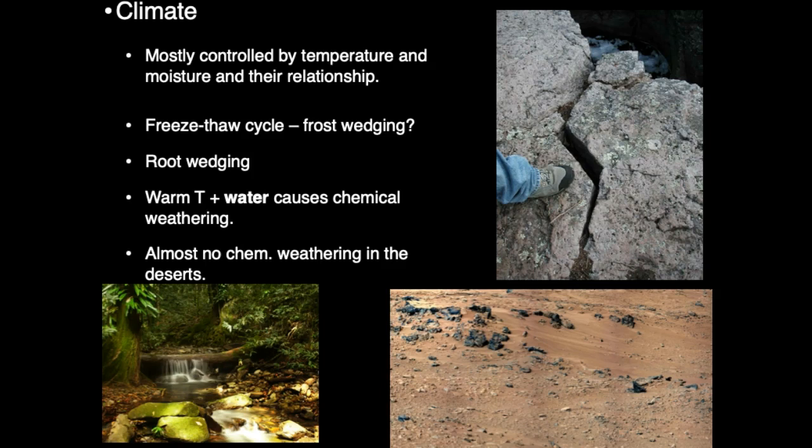So areas that are both moist and warm tend to be where most chemical weathering occurs. So something like the rainforests in the tropical regions are the best. Areas such as the Pacific Northwest are relatively good, but not great because it still gets somewhat cool. So I hope that's making sense.